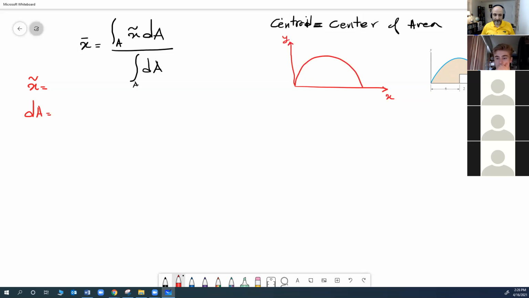Function with respect to x. So dA is function with respect to x. What does that even mean? Does it mean you're integrating x with respect to the area? No, forget about x. What is dA?